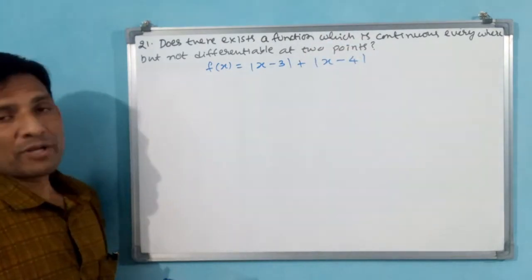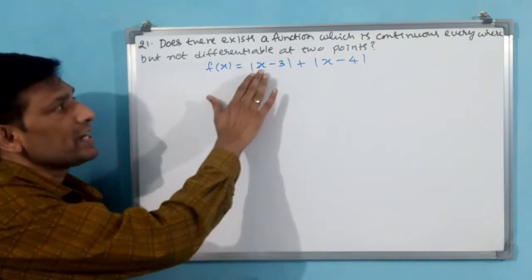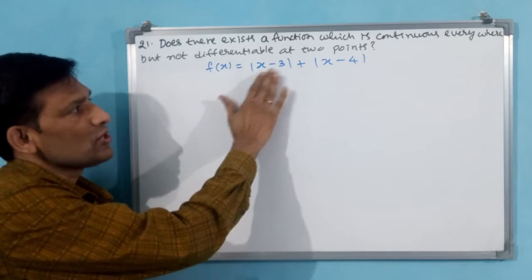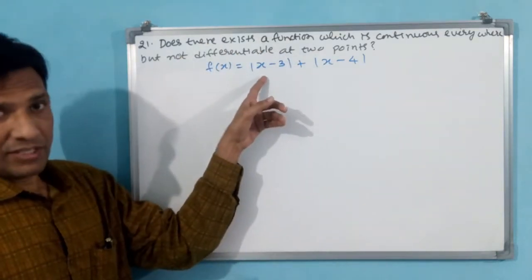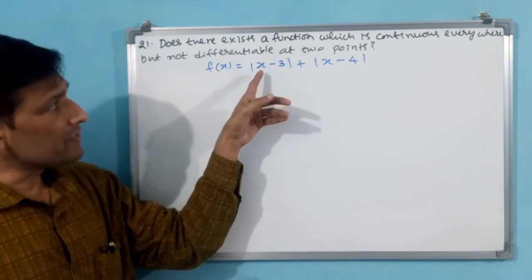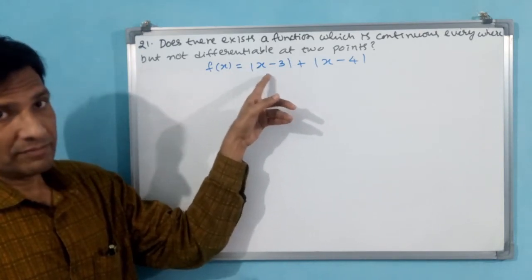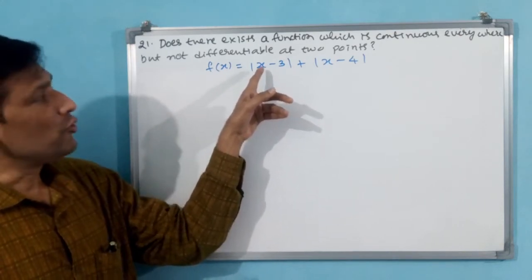Now, what about differentiable? See, this you take as f of x is equal to g of x plus h of x. g of x is continuous but not differentiable at x is equal to 3. Okay, at x is equal to 3, numerator and denominator: why?